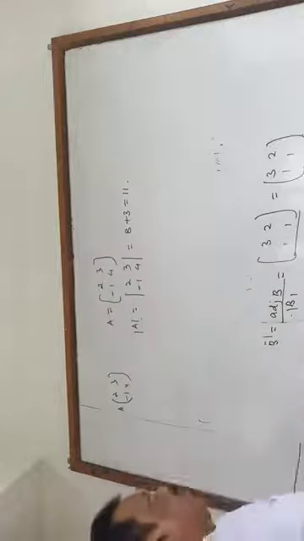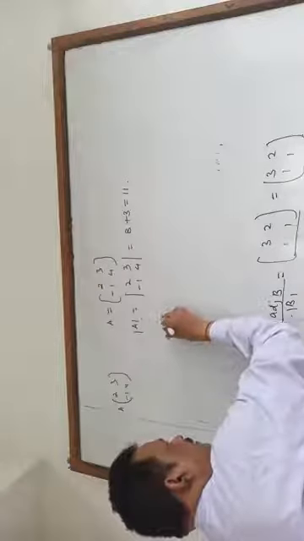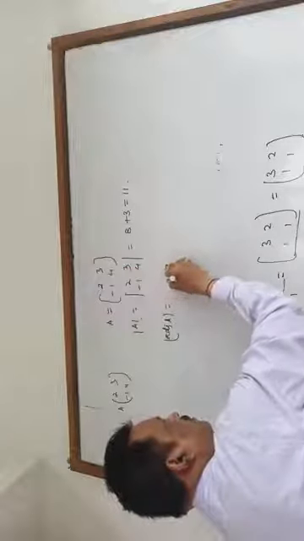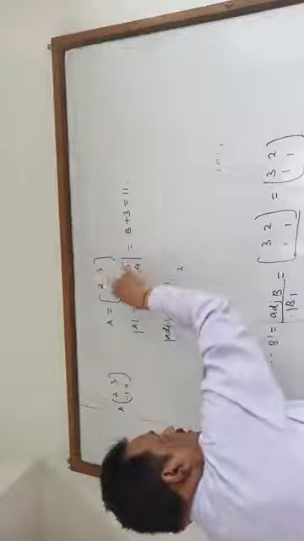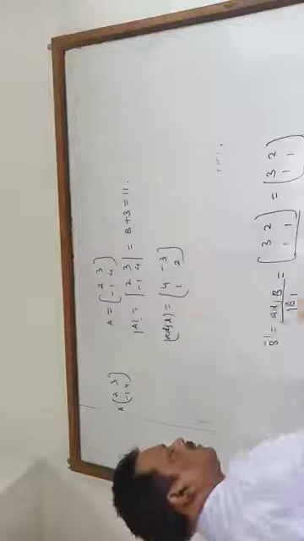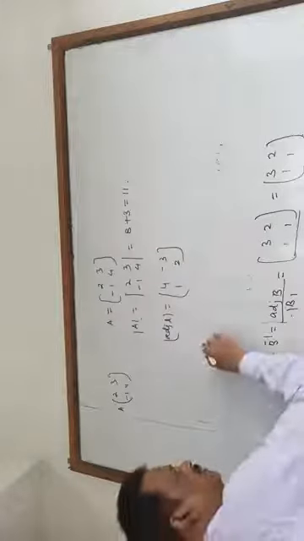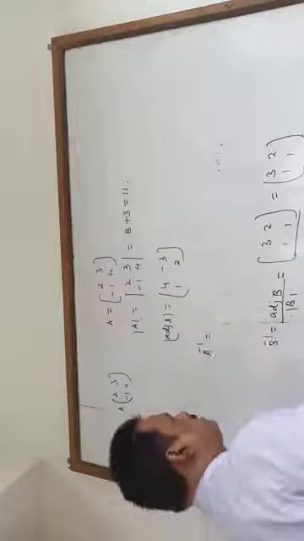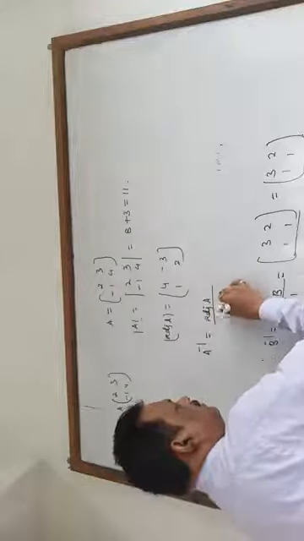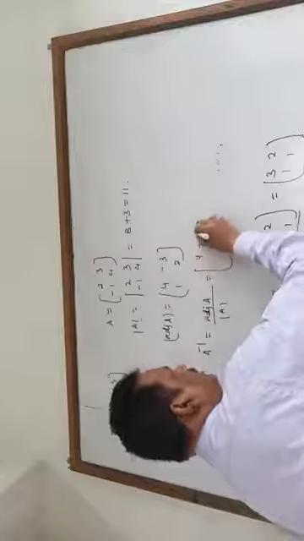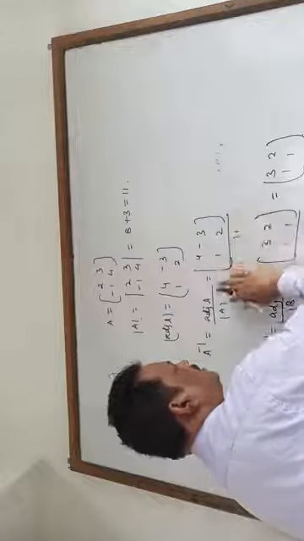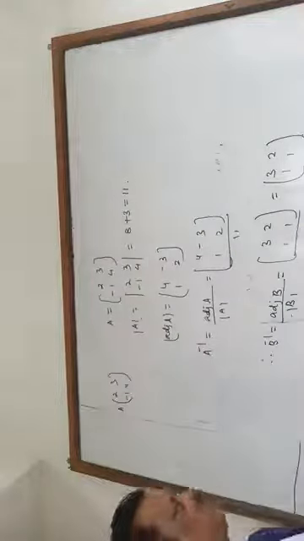Now adjoint of A, interchange the place, 4 2, change the sign, minus 3 1. Then A inverse is adjoint of A by determinant of A. That is 4, minus 3, 1, 2 divided by 11. Let's keep it like this because you are going to multiply.